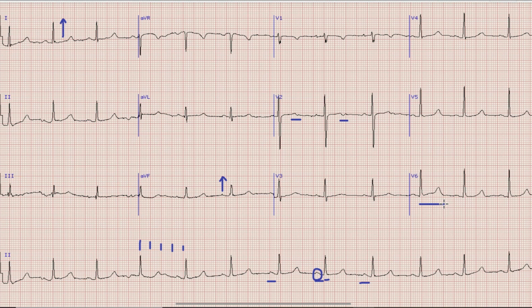In case of hypocalcemia, the T waves are normal, but the ST segment is stretched out or prolonged. As in this case, we can see that the ST segment is prolonged, which is causing a QT interval of 490 milliseconds.